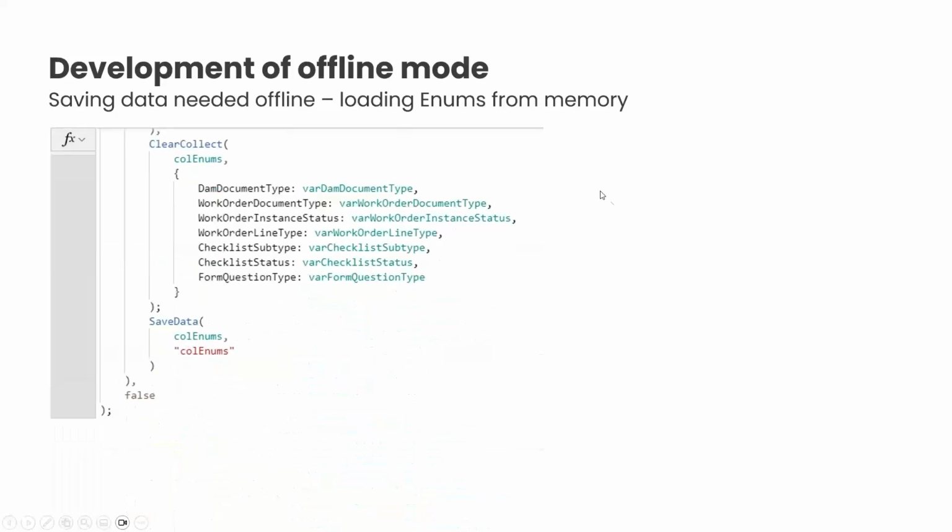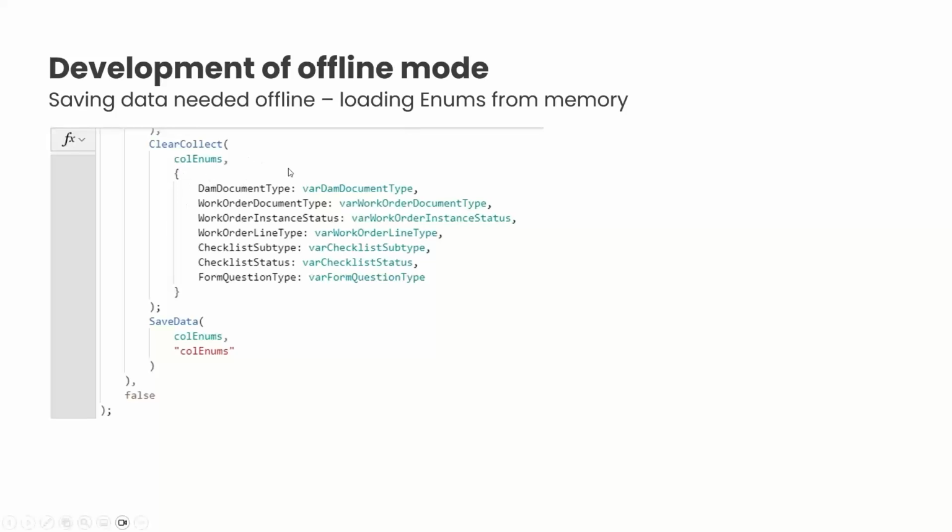Okay, and let's now talk about enums, because loading them from the device is a little bit more complicated. But first, let's talk about saving enums to the device. As I mentioned before, those three functions, SaveData, LoadData, and ClearData, work only with collections. So we need a collection.